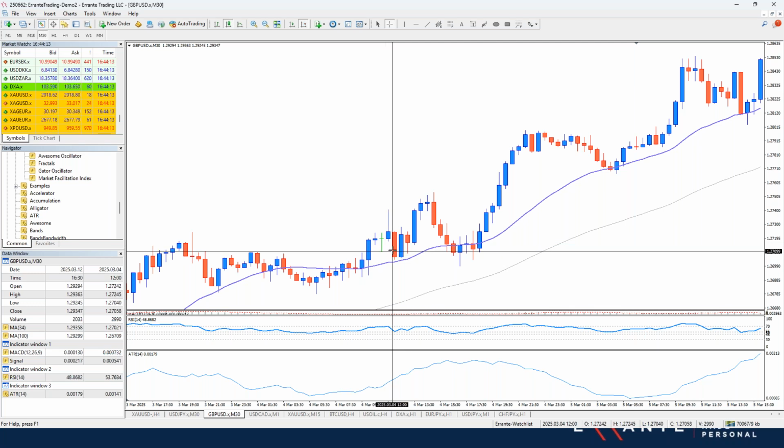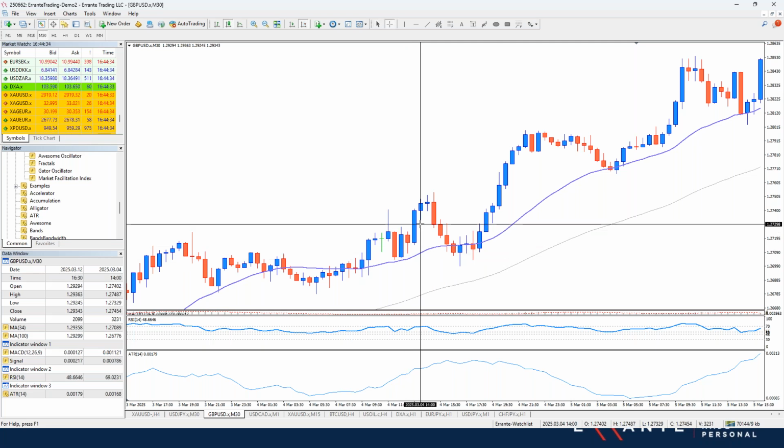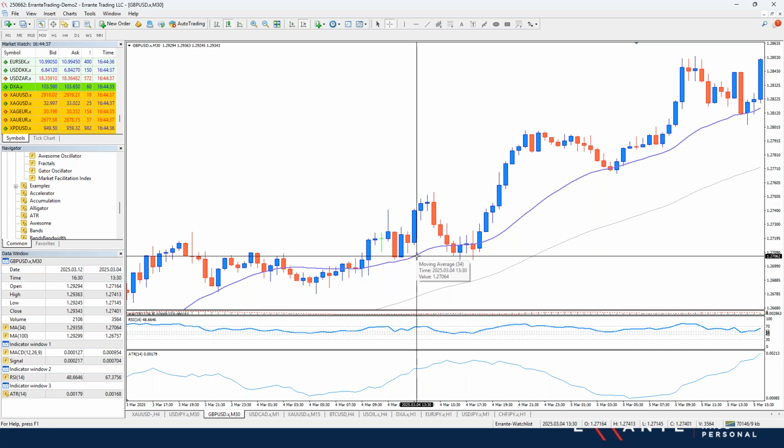For example, if I want to open a trade above this level and I see this is about 20 pips, and then if I look at the ATR, I see it's 15 pips, it means it's really risky. On average, the market can be down by 15 to 20 pips and then go up, so my stop loss will hit.